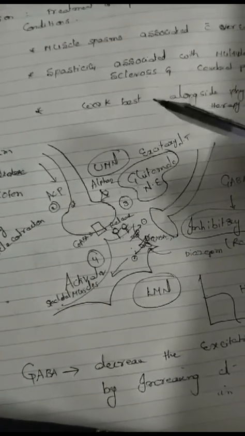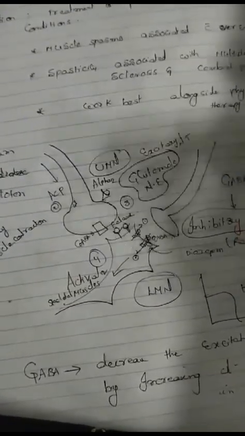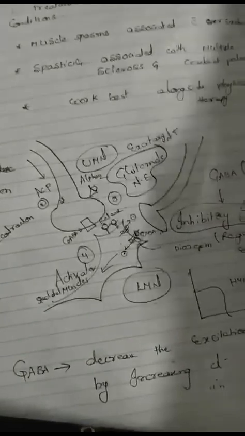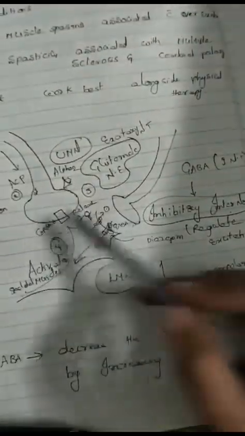leads to over contraction. To regulate this overexcitement, we have the inhibitory interneuron. The inhibitory interneuron regulates the excitation, because the complete process here is excitement, no?